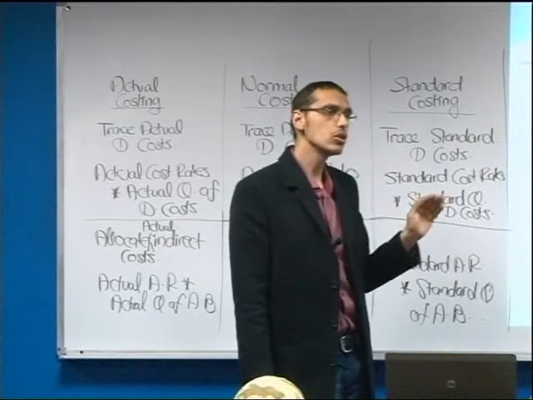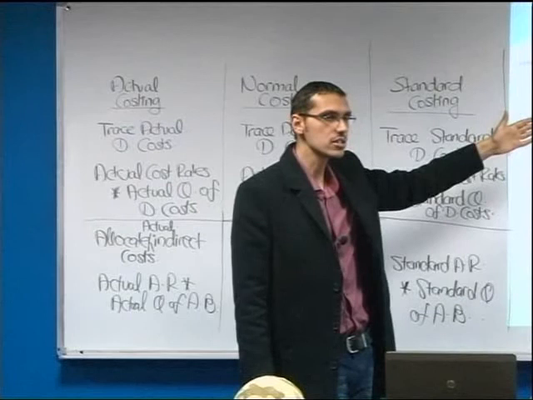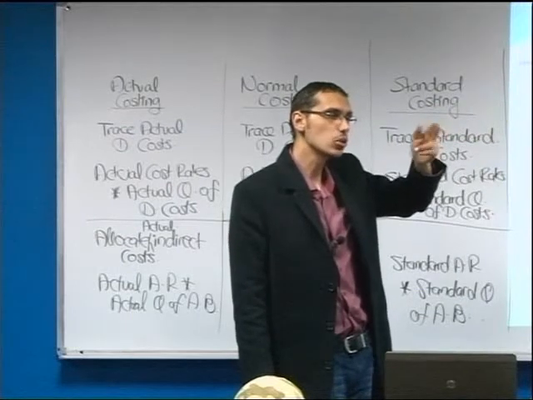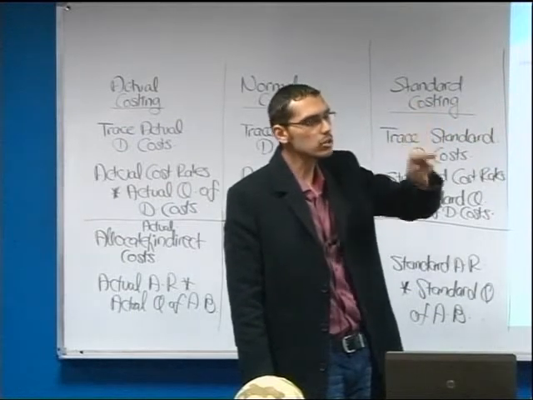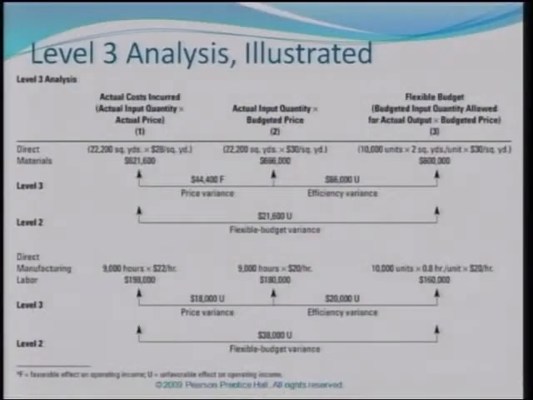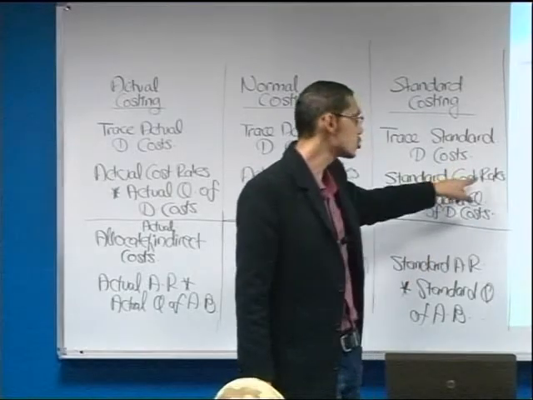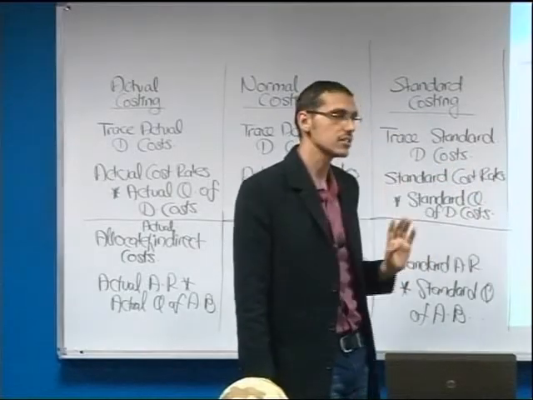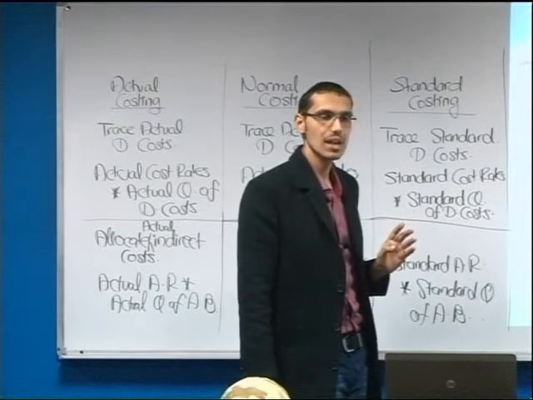And of course, we all know from our previous discussions that these standards would sometimes differ from the actual. Therefore, we also would recognize the variances between the actual and the standard rates and quantities. Any questions?